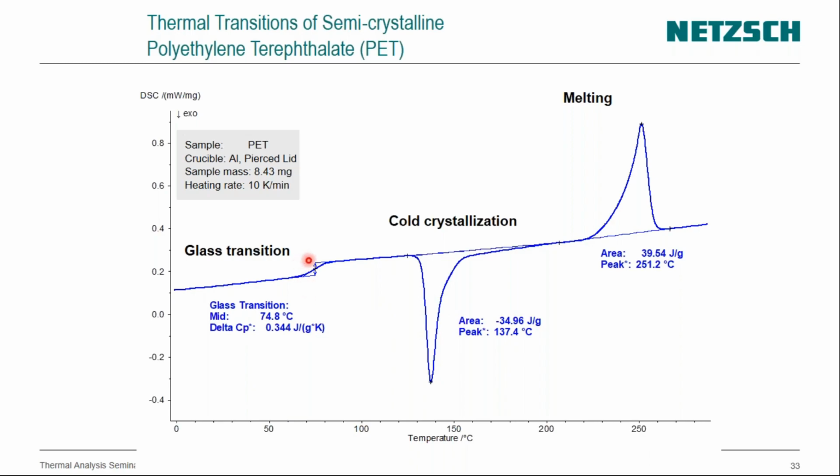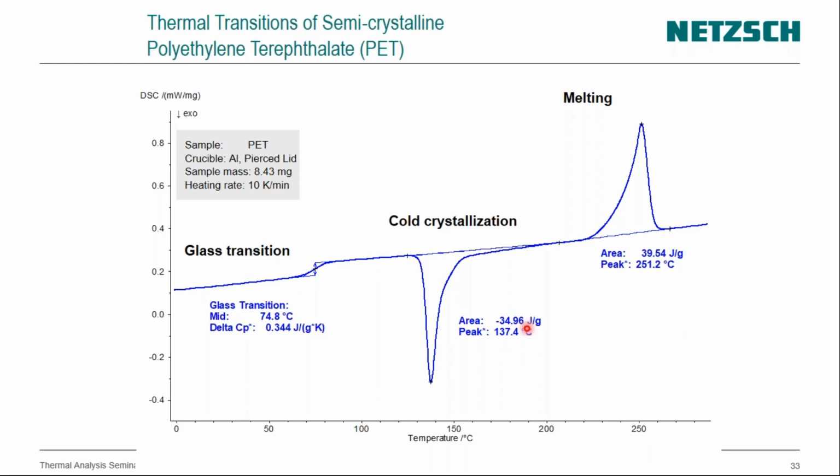Initially, the small step here is the glass transition temperature. The glass transition is happening at almost 75 degrees. Then this peak is the cold crystallization peak of the sample, at a temperature close to 138 degrees, and the software gives you the peak area, which is almost minus 34.96 joule per gram.